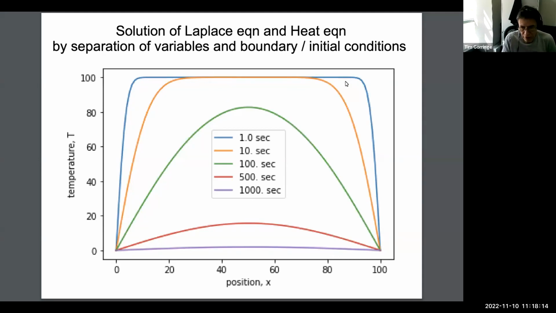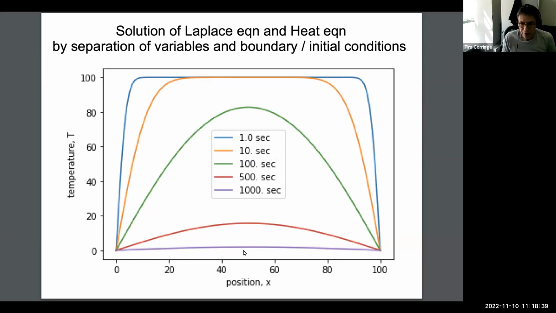And then these different curves correspond to the temperature profile at different times. So in blue, 1 second after I drop the steel bar into the water, orange after 10 seconds, green after 100 seconds, and so on to the magenta after 1,000 seconds.